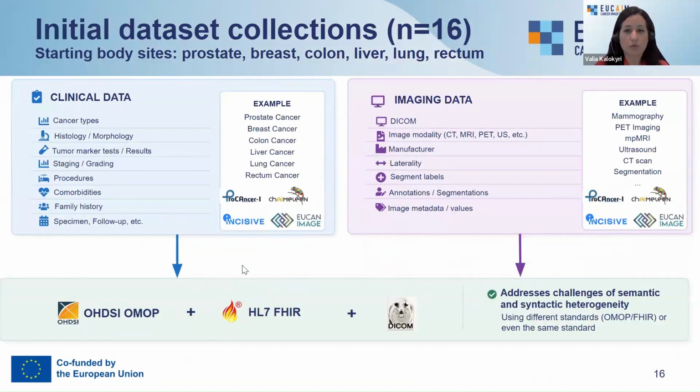Okay, so we started, as we said, from this project with these tens of thousands of cancer patient cases, and we had to integrate clinical data and imaging data that were covering these body sites that you see: the prostate, breast, colon, liver, lung, and rectum.